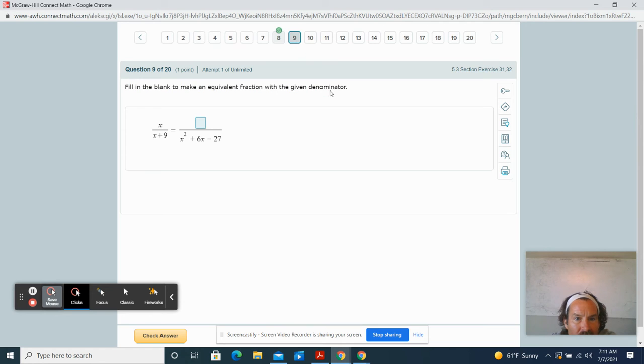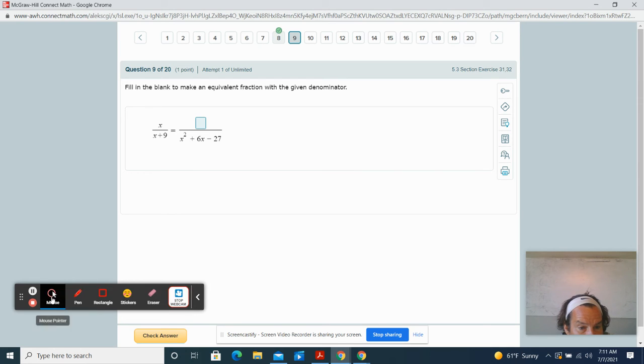Okay, let's go over number 9. Okay, all right, number 9, again, creating equivalent fractions. So we have an x plus 9 here, and then we have this trinomial here that looks like it is factorable. If you have a trinomial and it looks factorable, I would try to factor it. So let's see.